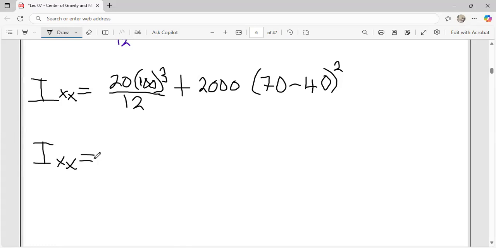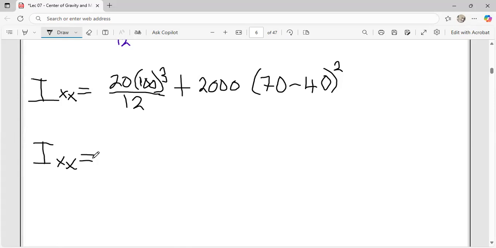Let's all do that together. First of all, you punch a division sign and then you type 20 times what? Brackets open, 100.